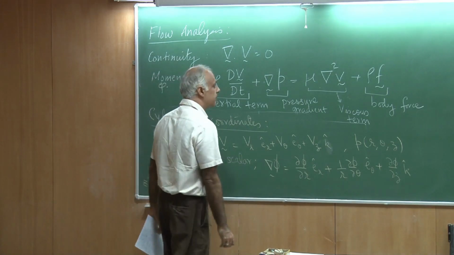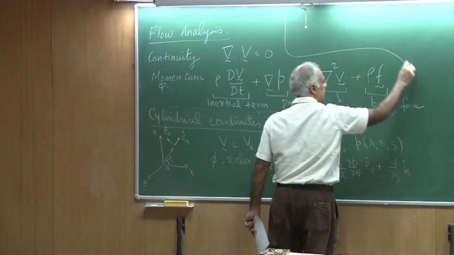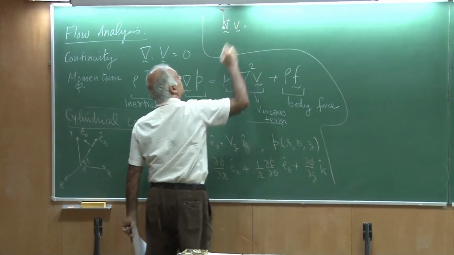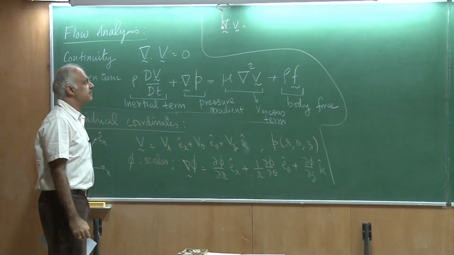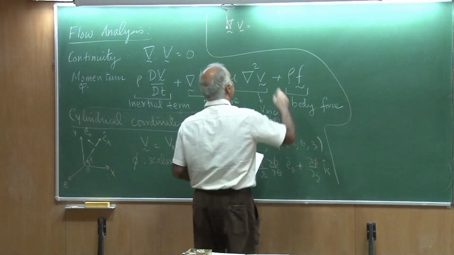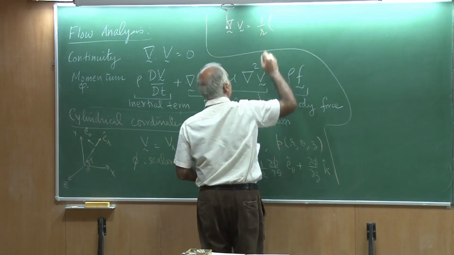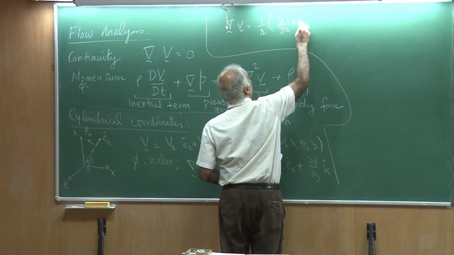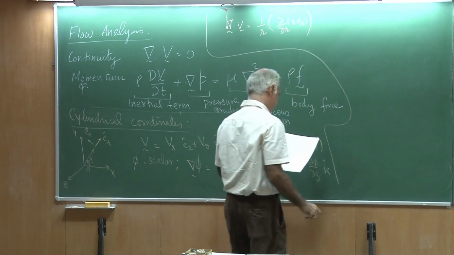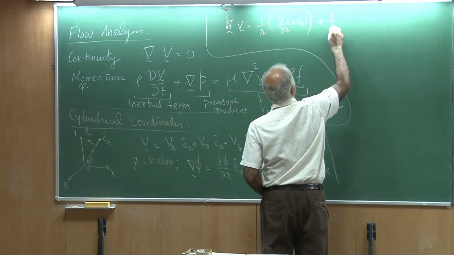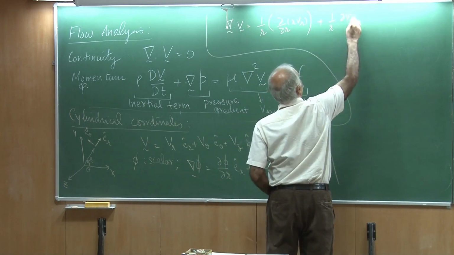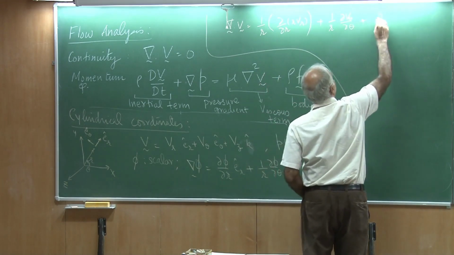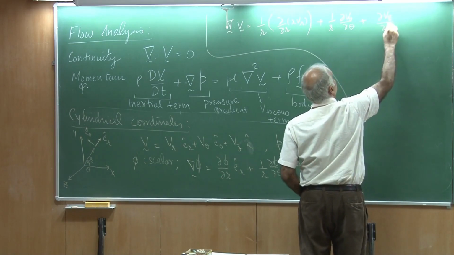If I had to represent a divergence, so suppose I had to represent divergence of v, then in the cylindrical coordinates this would be given as 1 over r del by del r of r Vr plus 1 by r del V theta by del theta plus del Vz by del z.